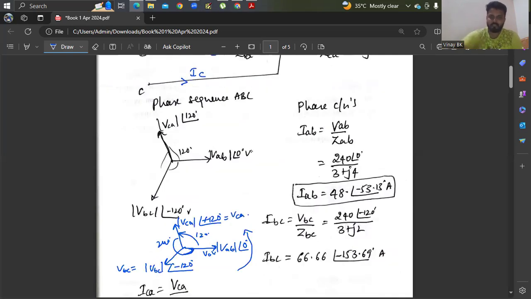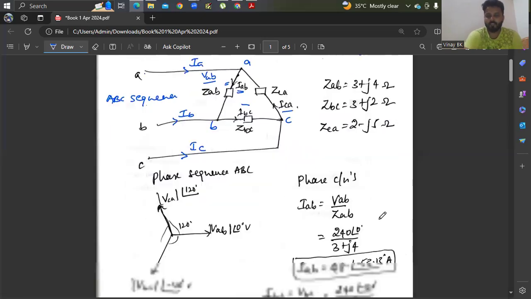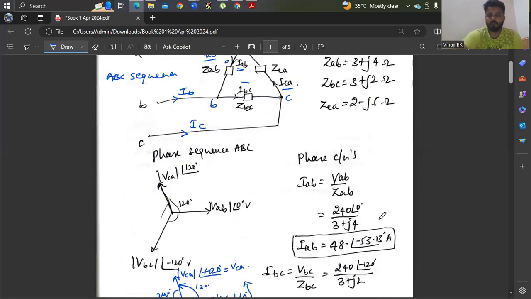You need to write the phase currents. Observe the diagram here. The phase current is nothing but IAB. We know that I equals V by Z. Therefore, the voltage across this phase, VAB, divided by ZAB is IAB. The line voltage given is 240 volts.